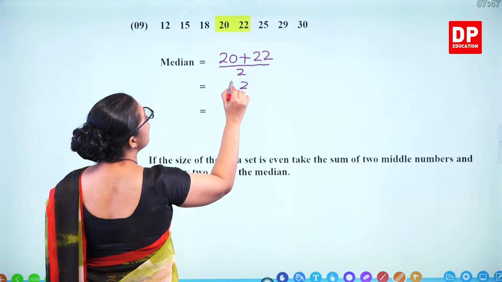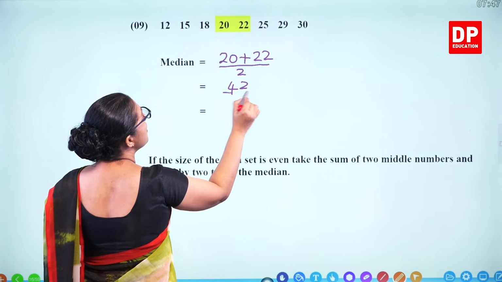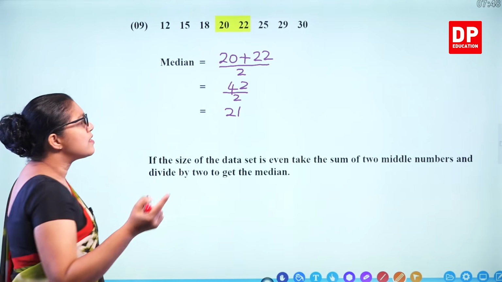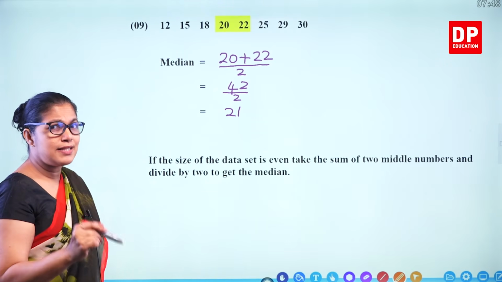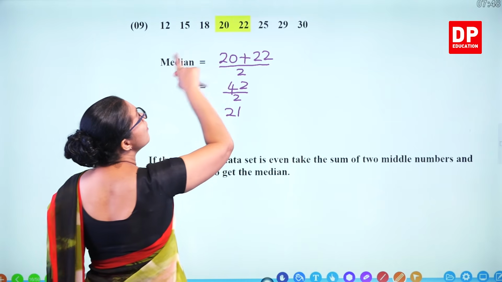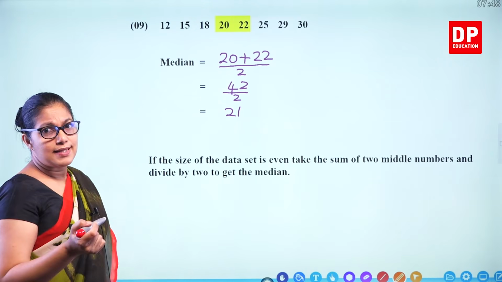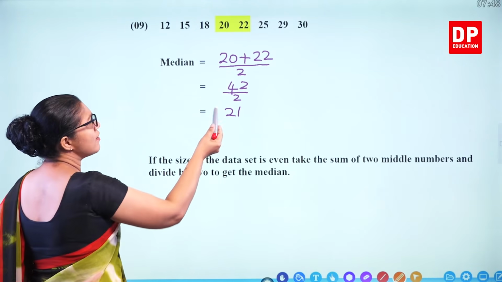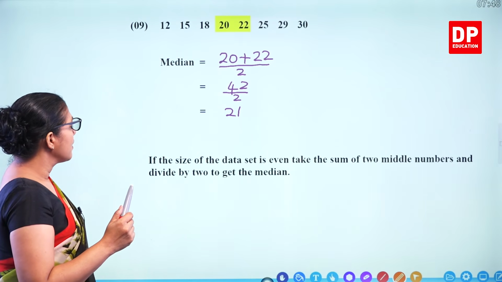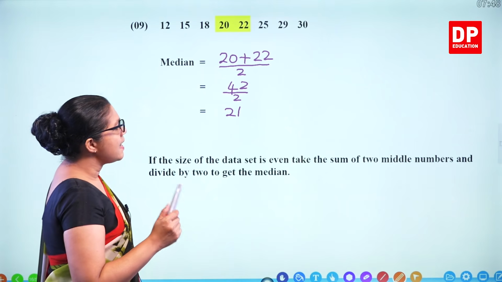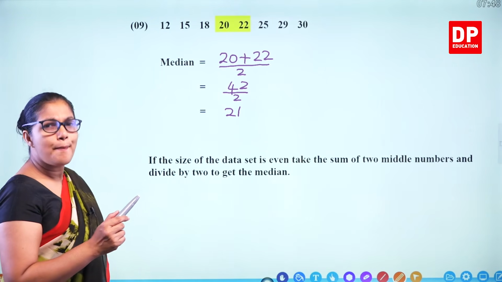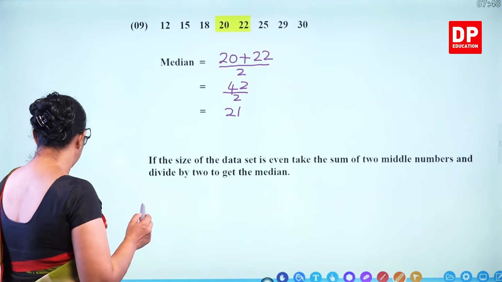You get 42, divided by 2, 21. So you can see 21 is not in your data set, but the median can be a value that is not in the data set. So that's the middle value. If the size of the data set is even, take the sum of the 2 middle numbers and divide by 2 to get the median.